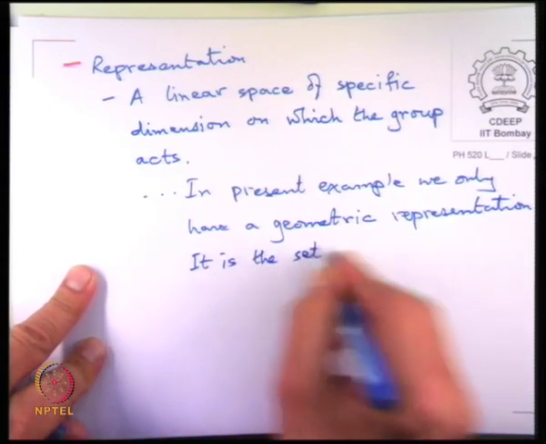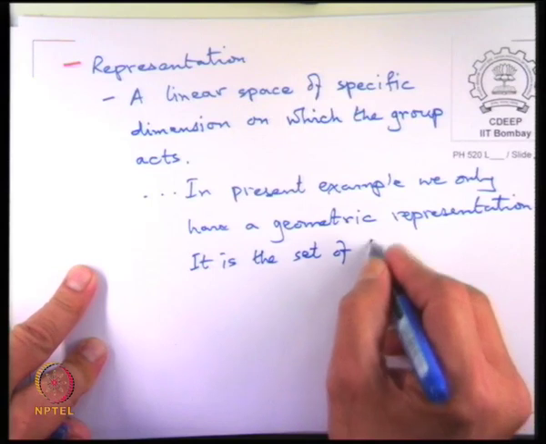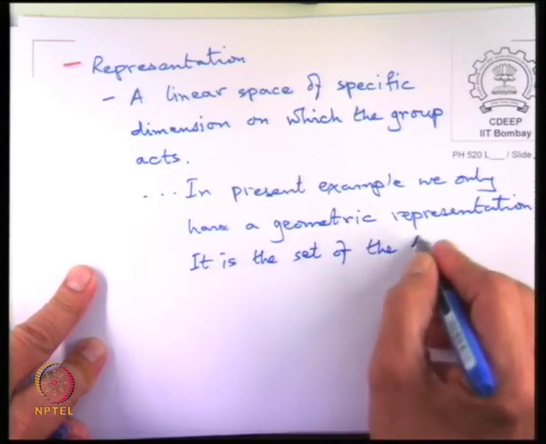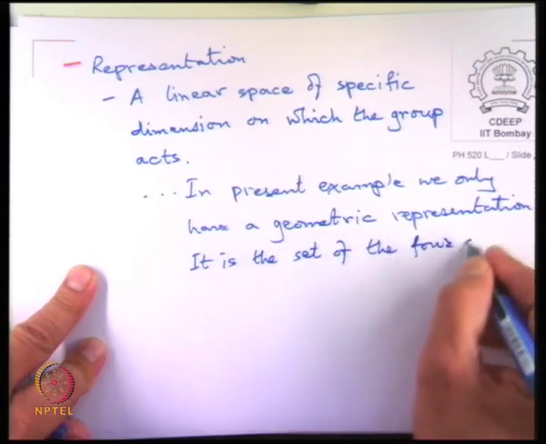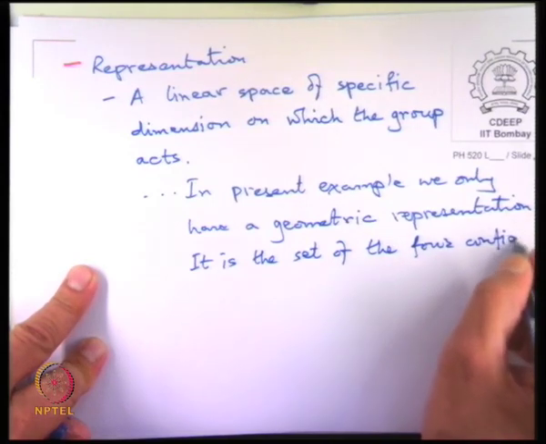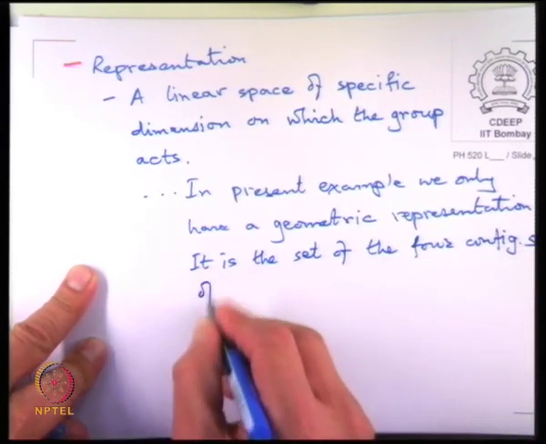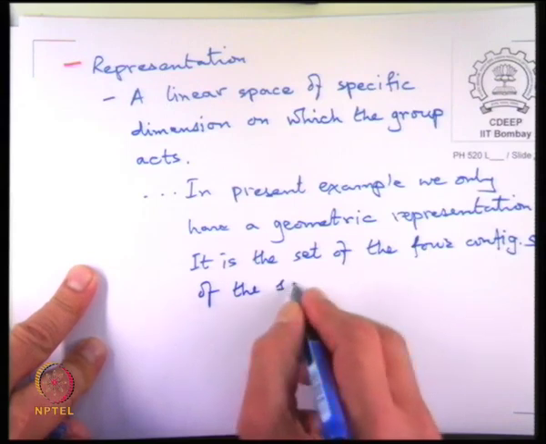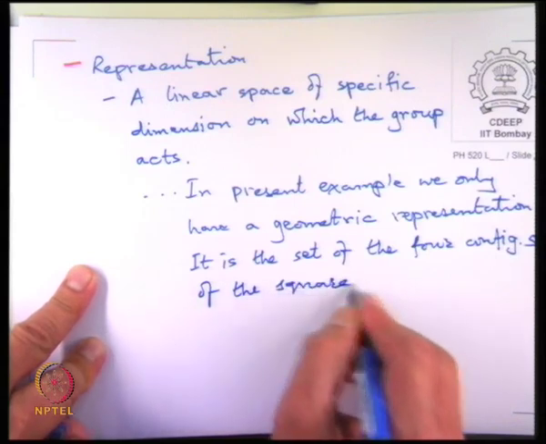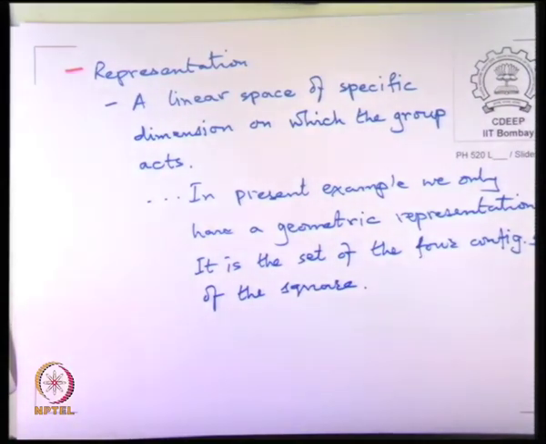It is the set of the 4 configurations. Okay. So that is our representation space here. So we will have more to say about this a little bit later.